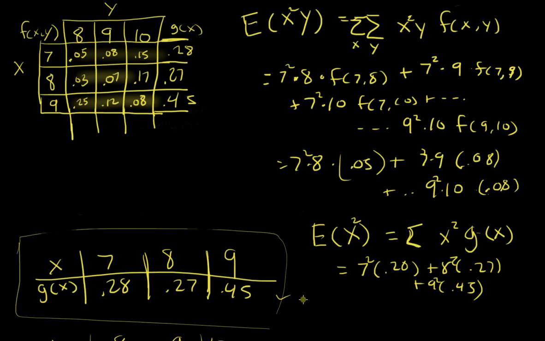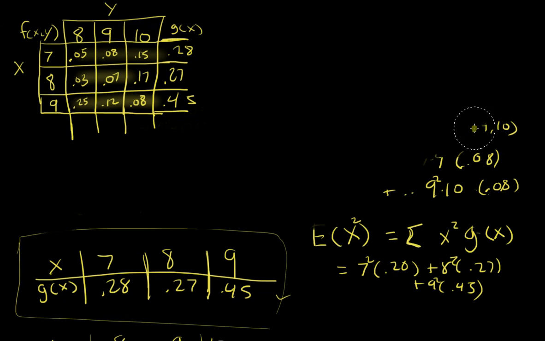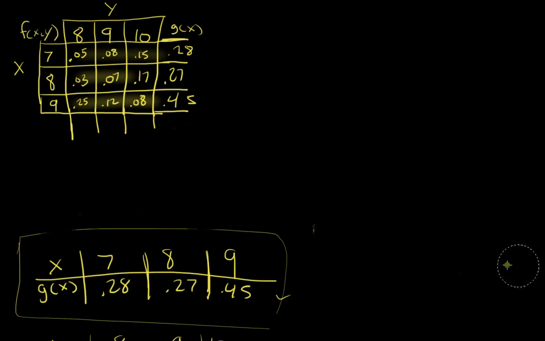Moving on to topics in Module 7. In Module 7, you should be able to calculate variance and standard deviation. Say I provide you with this and then ask you to find the variance of y.